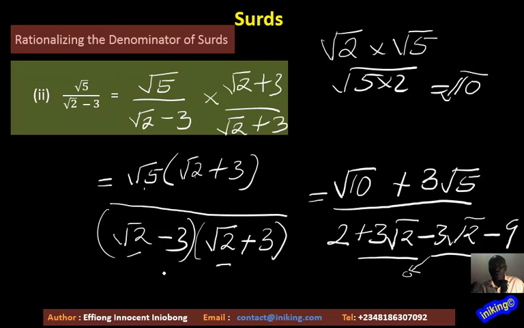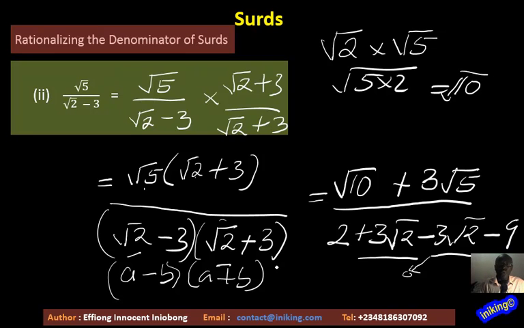And the reason is because if you look at this, this is like A minus B, A plus B. From our basic algebra right from nursery 1, that's where I learned mine. Do not be angry if you got to learn yours in the secondary school. When I have an expression of this sort, we call it difference of two squares.